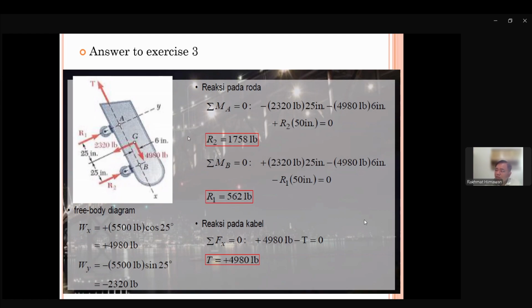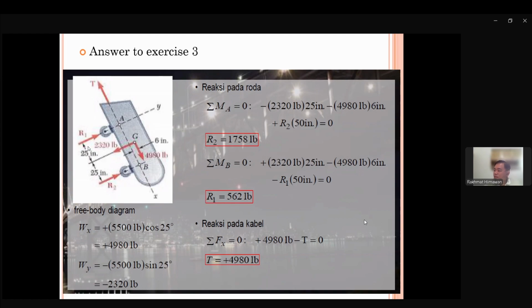This one is a counterclockwise direction, so it has a plus sign. So sigma moment A is equal to 0, and the only thing that we don't know is R2. So then we can calculate R2. It's 1,758 pounds. We found R2.